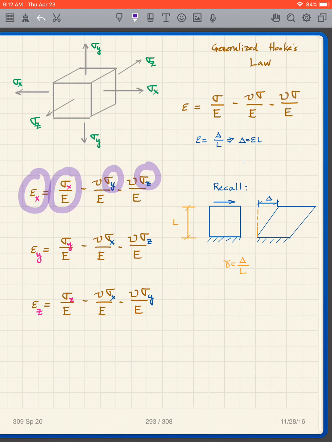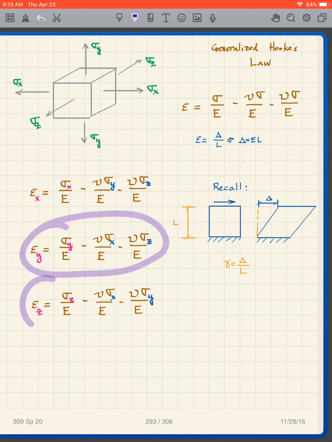So we have to add all 3 of those effects. My sigma y causes an x strain. My sigma z also causes an x strain because of the Poisson ratio effect. I can do that for all the different directions of strain.